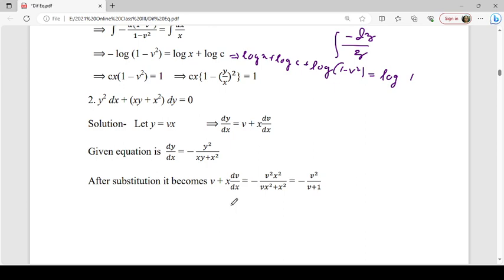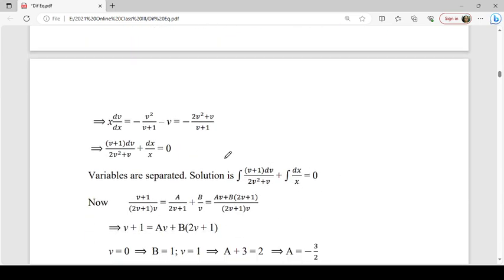Now we move v to the right-hand side, so x dv by dx is minus v square by (v plus 1) minus v. After simplification the denominator is v plus 1 and the numerator is 2v square plus v, with a minus sign.